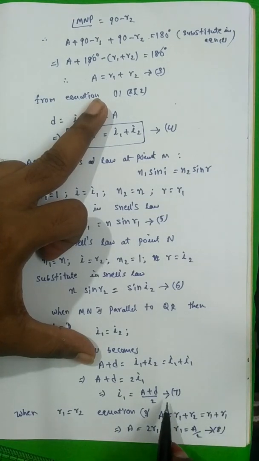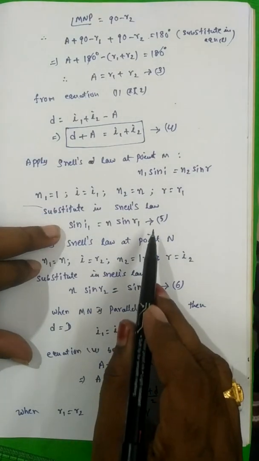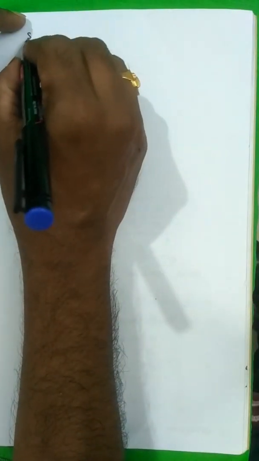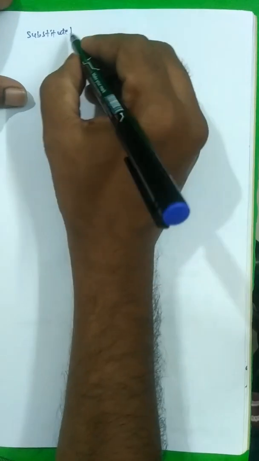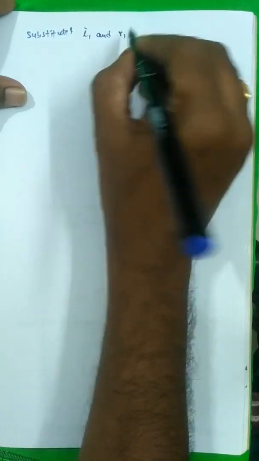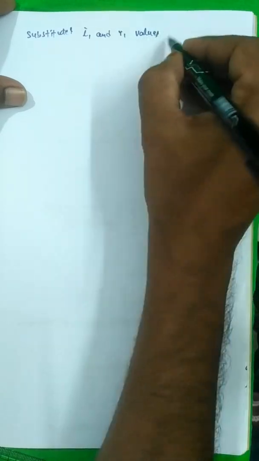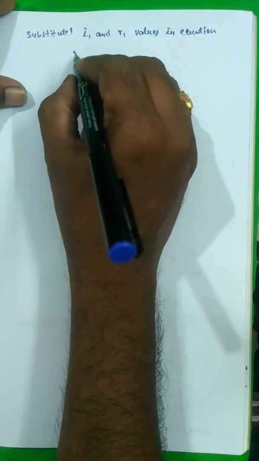Now the 7th equation and the 8th equation we have to substitute in equation 5. Substitute the I1 and R1 values in equation 5.